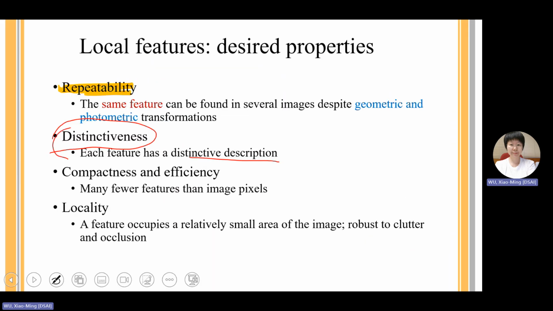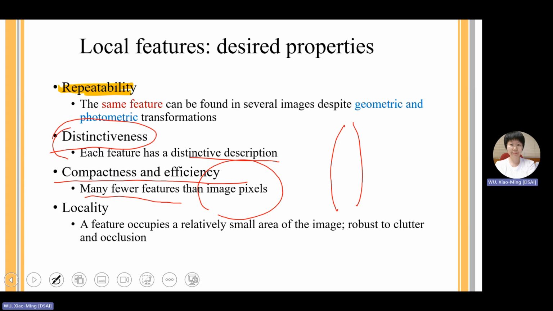We want distinctiveness. And for the following, we want a relatively short vector. Also, given an image, we only want to identify a few hundred interest points, because those features should be much fewer than the number of image pixels.